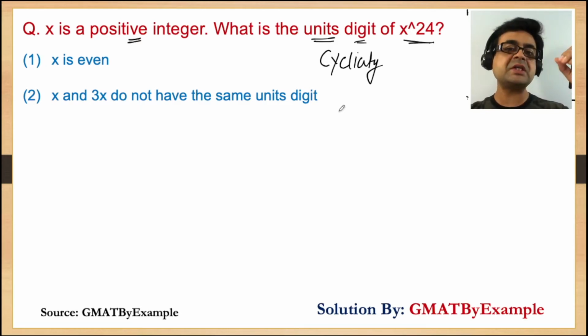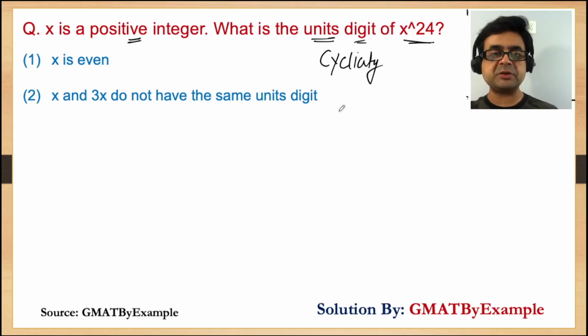So as soon as you see this question, the first concept that should pop up in your mind is cyclicity. And then we are given two statements to figure out if we can find the units digit of x to the power of 24.